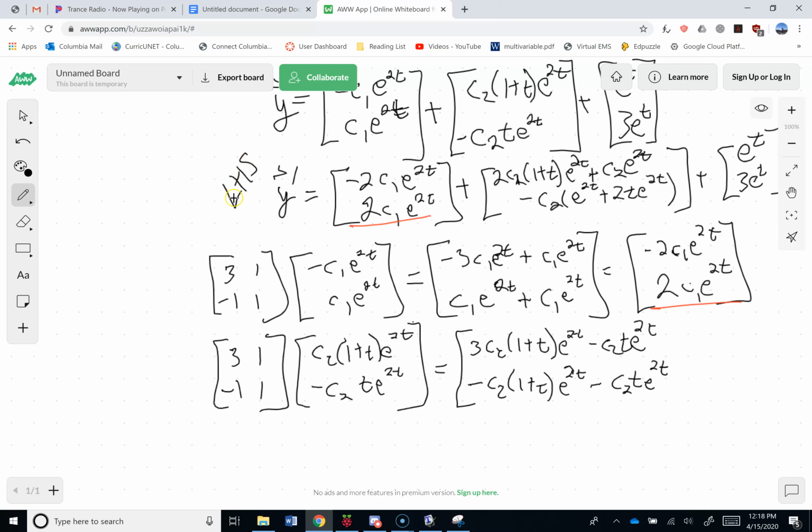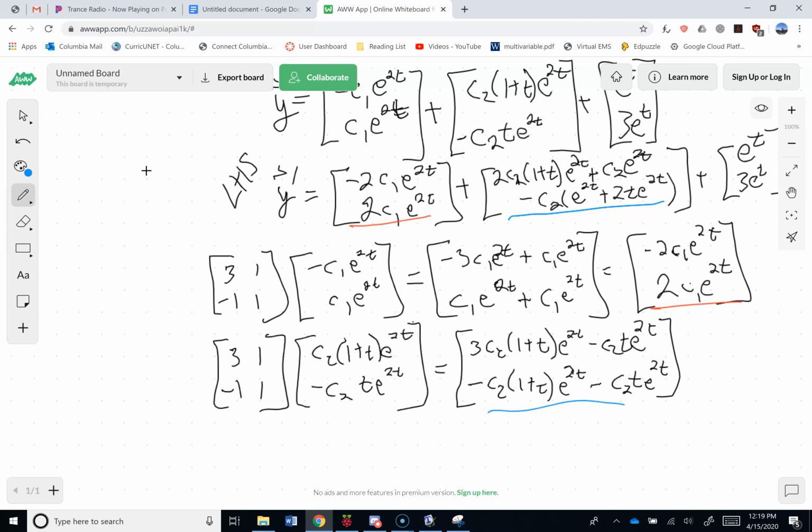Okay, and then that one's going to take a little bit more to check that it's the same. But this term should match that one. So let me see. I've got a 3c2 minus the c2.